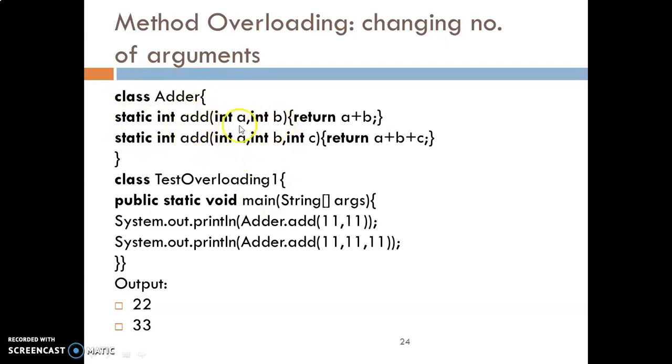Here there are 2 arguments and here you can see 3 arguments. So the function add is overloaded with a different number of arguments, and that's why it is the example of changing the number of arguments. With the same function name, and that's why it is the example of method overloading.